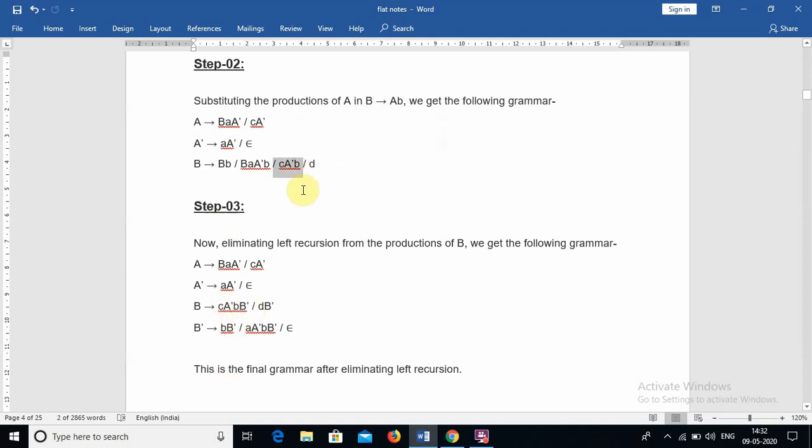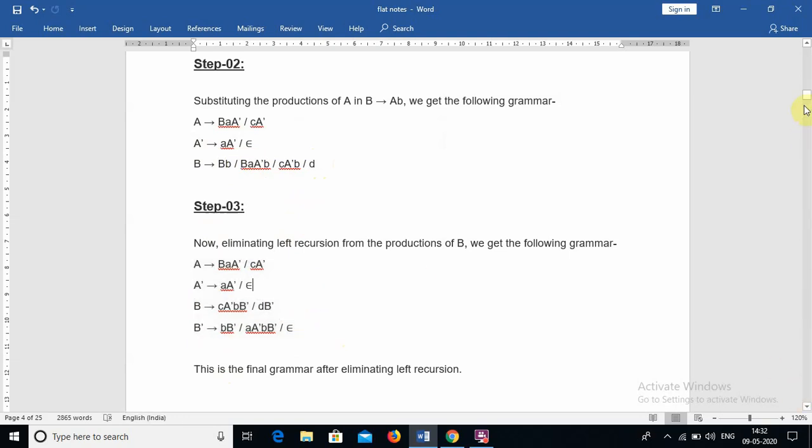Okay, next D B1. Now we can define what B1 is. B1 is nothing but B B1, A1 B B1 slash epsilon. Okay, so after removing the left recursion we have a grammar like this.